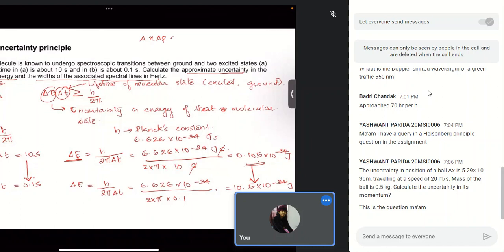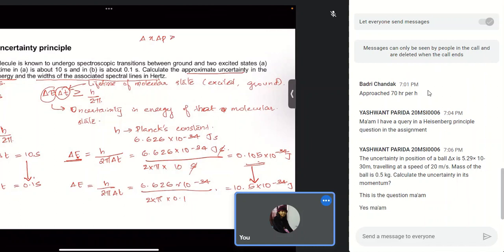Delta x delta p is greater than or equal to h by 2 pi. So from here you have to calculate delta p. Using this particular equation, you have to calculate the uncertainty in delta p. We already know what delta x is.